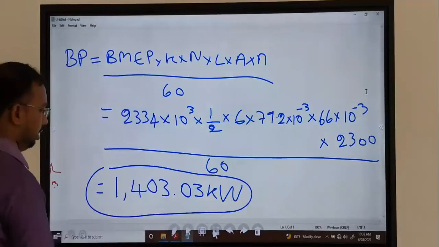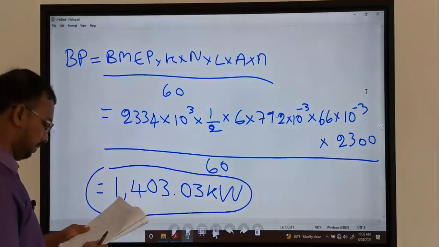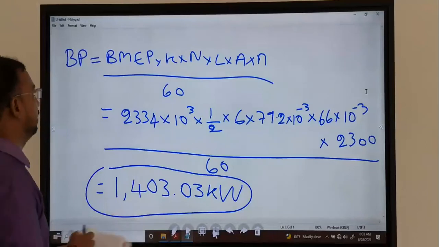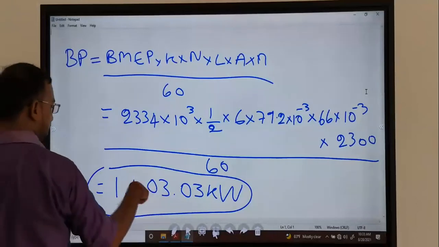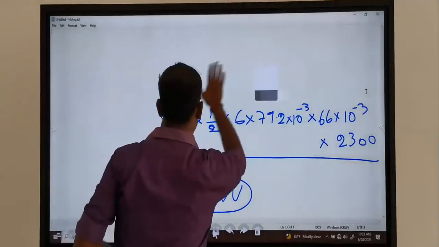This is the answer, 1403, the brake power. Remember this answer, we can use it in the next question.